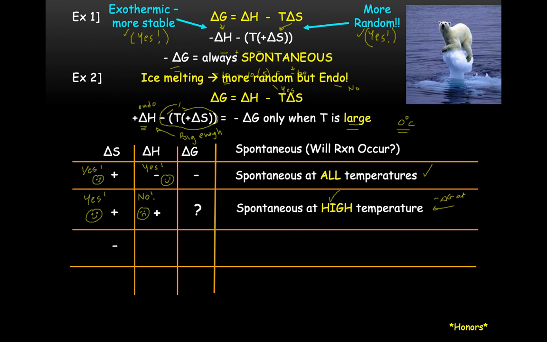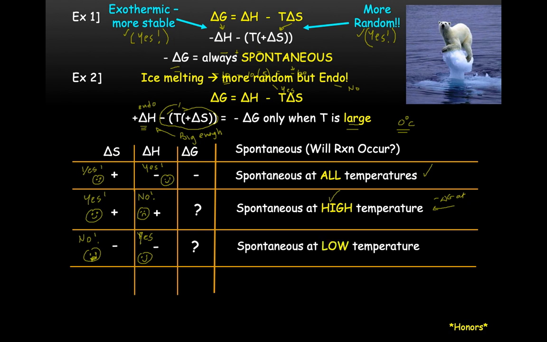Now you could also look the other way. If delta S is negative, that's a decrease in entropy. You're not getting more random. Nature says, I don't want to do that. So far, we're not doing anything. However, we are exothermic, so nature says yes, that's good. We're exothermic, so energy is being released, but that release of energy must be enough to overcome the entropy change.